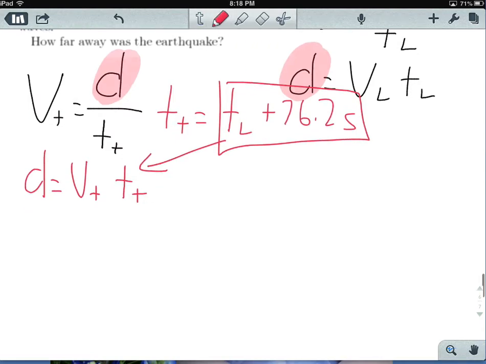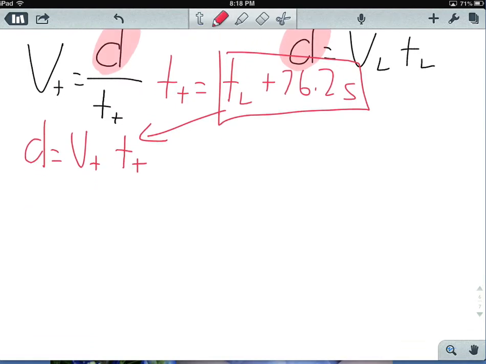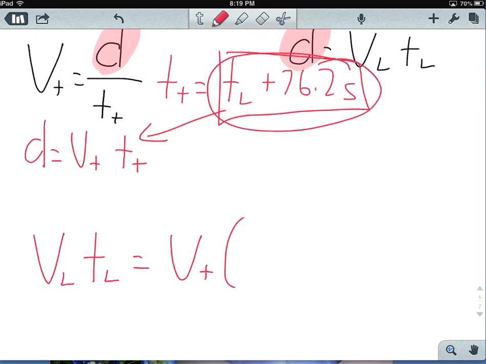So the velocity of the longitudinal wave times the time of the longitudinal wave equals the velocity of the transverse wave times the time of the longitudinal wave plus 76.2 seconds. Now we have an equation we can solve for the time of the longitudinal wave, which is what we need.